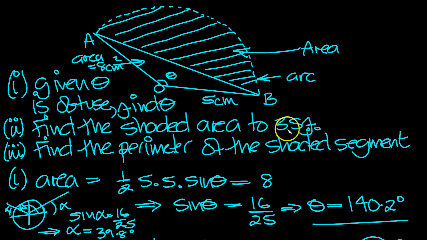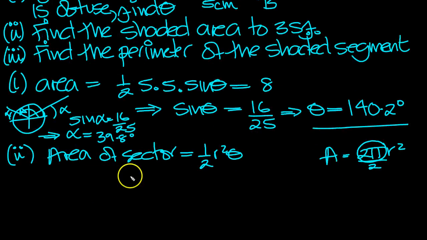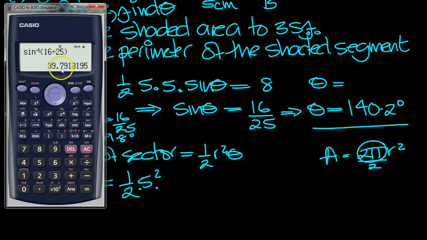Find the shaded area to 3 significant figures. So the total area is that. That's equal to a half, r is 5, so 5 squared, times theta. We need theta in radians. I've got it in my calculator here as that.